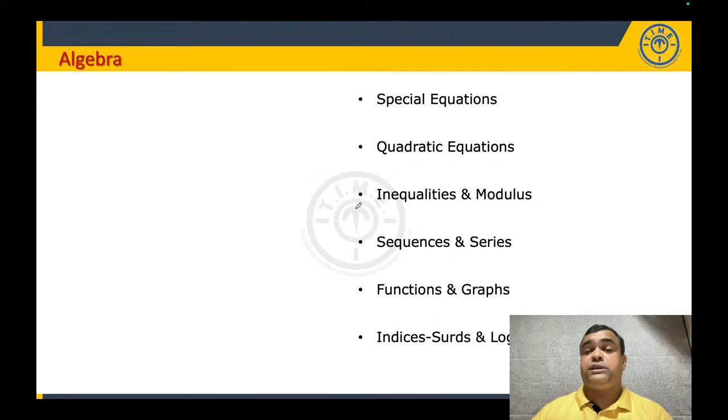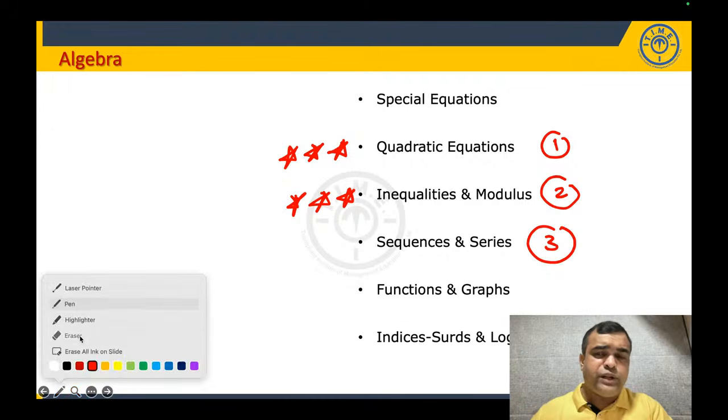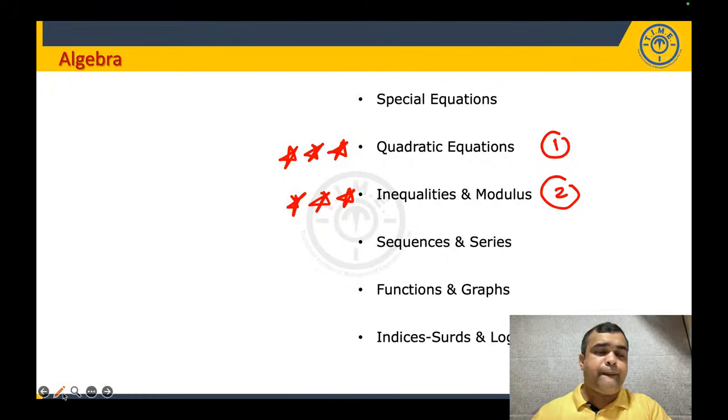In algebra, look at what I suggest. Quadratic equation is very important. These two areas are very important. So I will suggest the order like this: number 1, number 2, number 3, and instead of progressions I can put it as number 4.